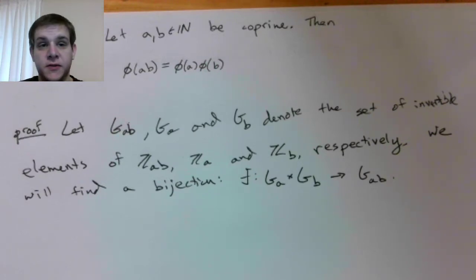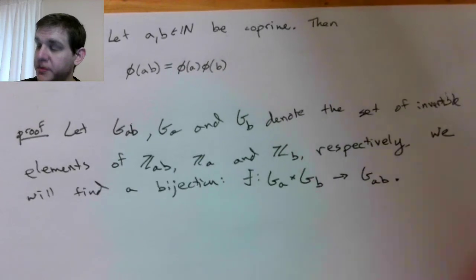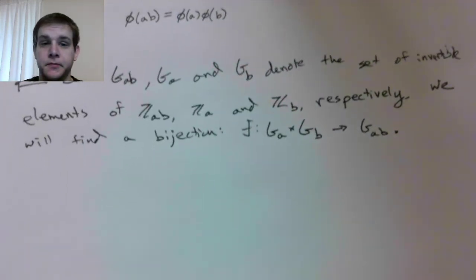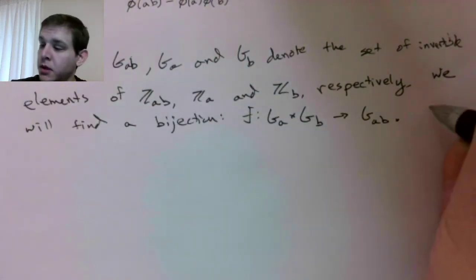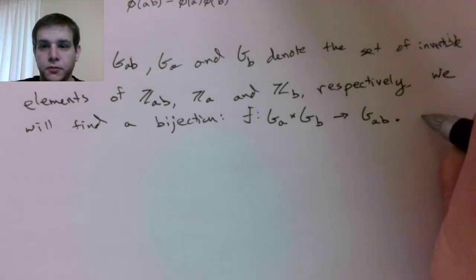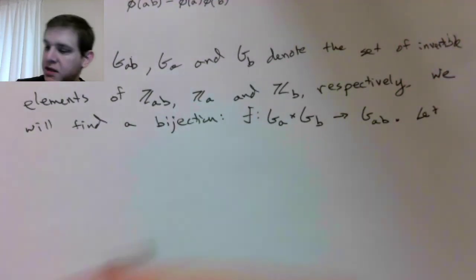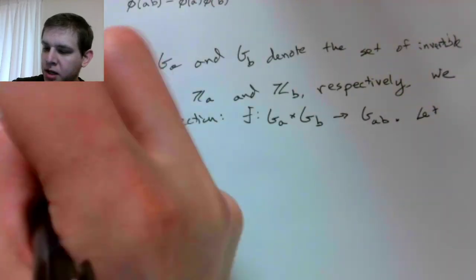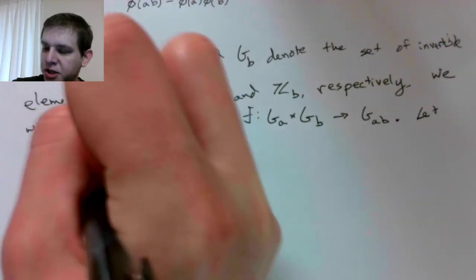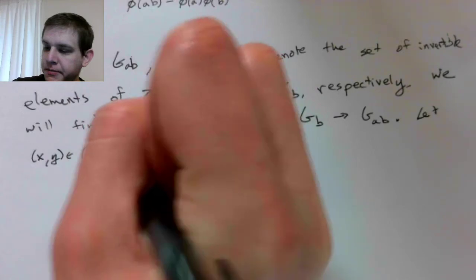So let's define this bijection and then prove it's a bijection. So let the pair (x, y) belong to G sub A cross G sub B.